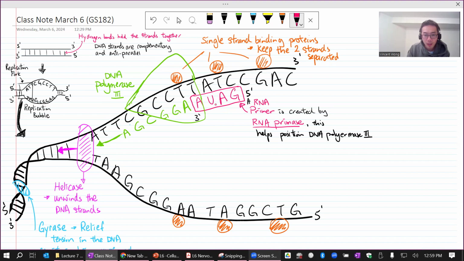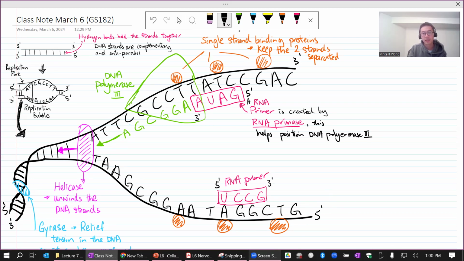Now, what about at the bottom? Same story, right? There has to be some kind of primer that needs to be put in place. So like UCCG. Okay, so that's another RNA primer. Okay, and look, this is 5', which means this would be 3'.